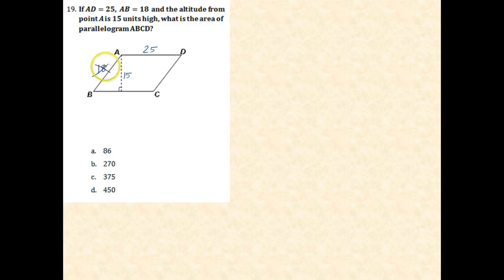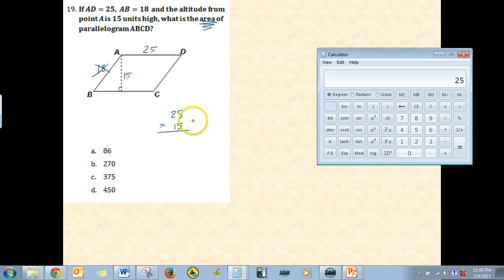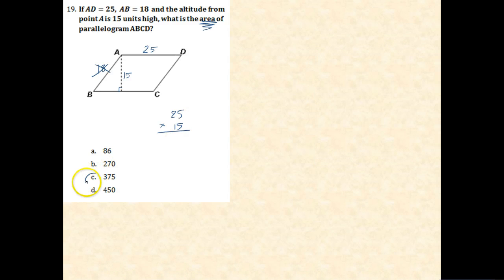It would have bearing on the perimeter, but we're asking about the area here. So base times the height. The height has to be perpendicular to the base that you're using for the measurement. So this is 25 times 15, and 25 times 15 is 375. So number 19 is C.